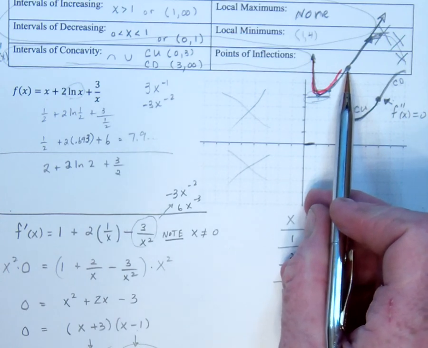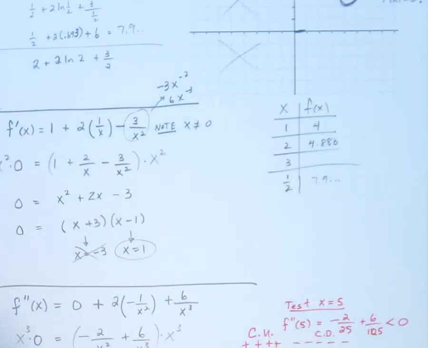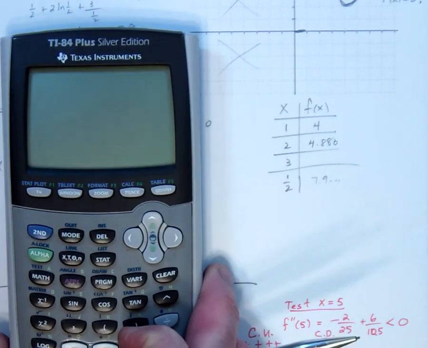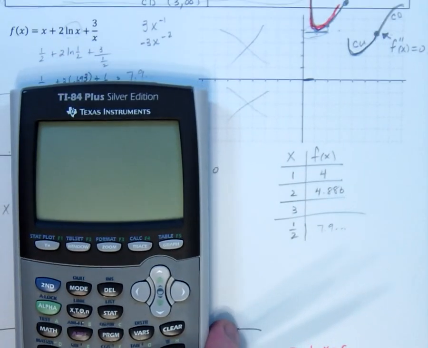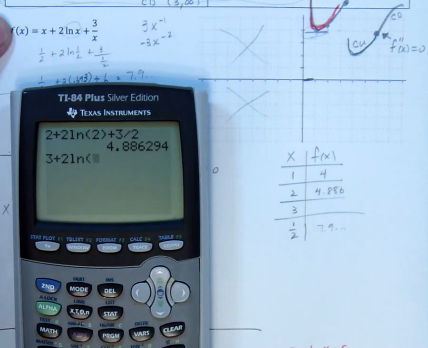So we need to go back to the original function. We need to finish this little table right here. We never plugged in when x equals 3 to the original. So go back to, here's the original. Substitute a 3. So it's going to be 3 plus 2 times the natural log of 3 plus 3 divided by, and x is at 3.